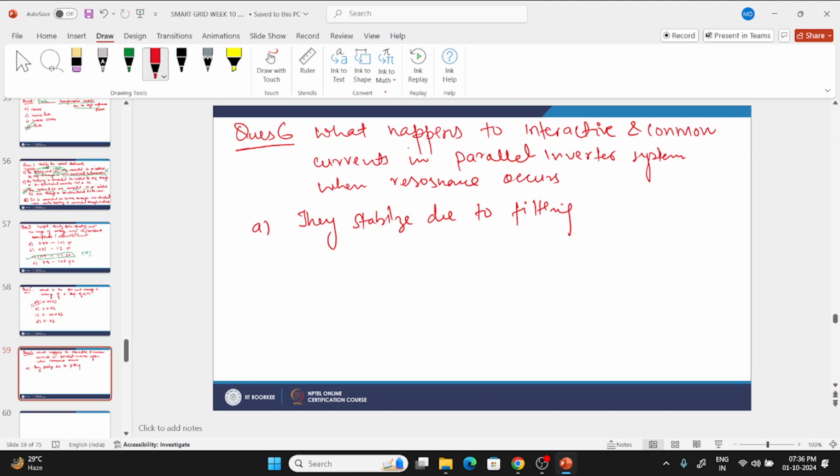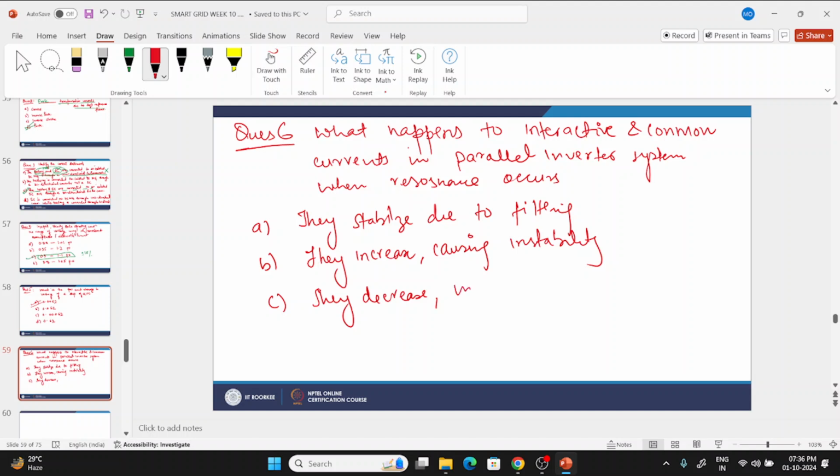B, they increase, causing instability. C, they decrease, improving system reliability.